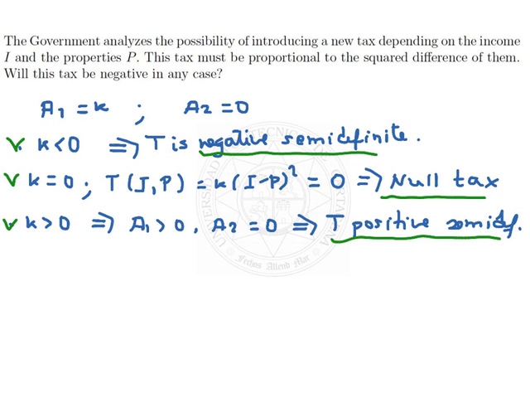The question was, will this tax be negative in any case? So the answer would be yes. The tax would be negative if k is less than 0.